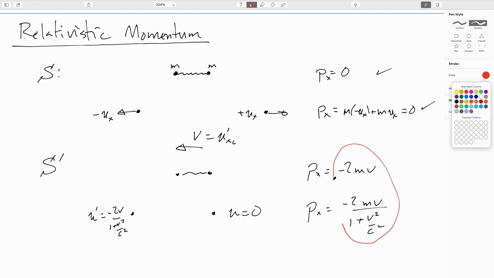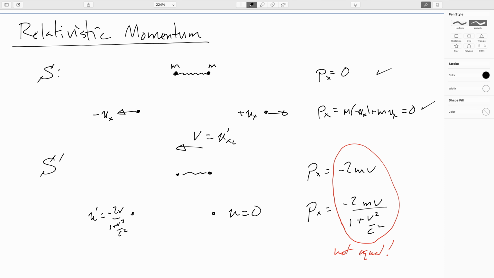In any real world kind of problem where things are going slow compared to the speed of light, they'd be very close. But they aren't equal. The thing is we know that momentum is indeed conserved. So what must be the case is that our definition of momentum being the mass times the velocity is what's in error.